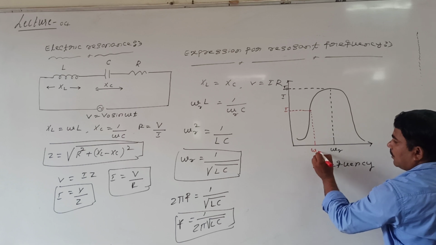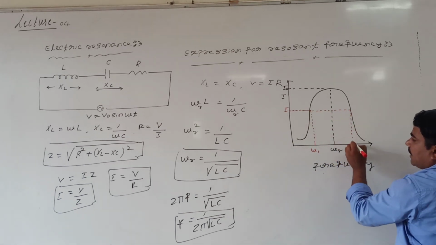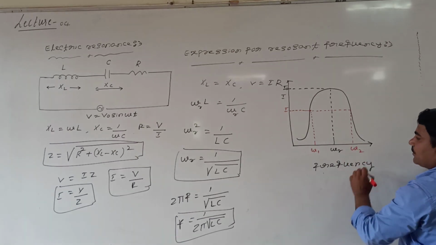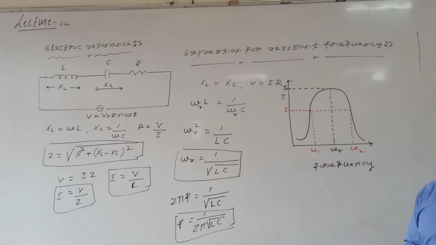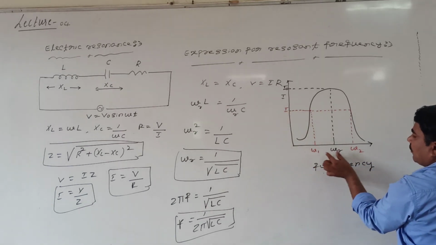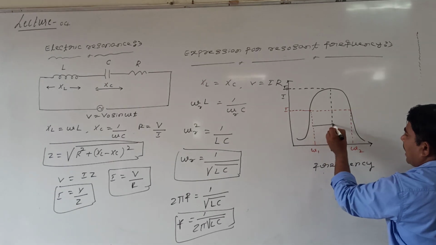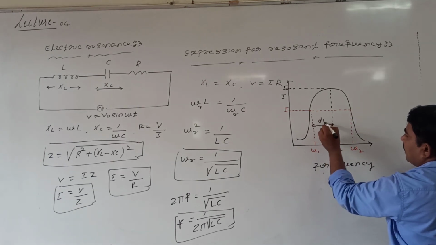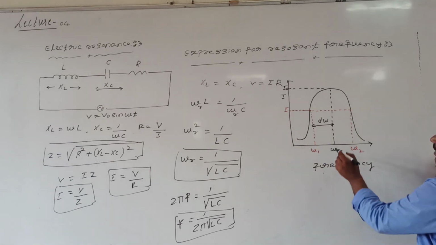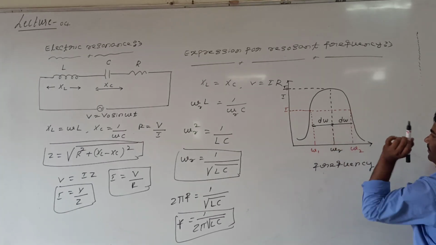This frequency I can call omega 1. And at the same current, we are getting one more frequency, omega 2. The difference between omega 1 and omega R is d omega. Again between omega R and omega 2, again this much difference is available.